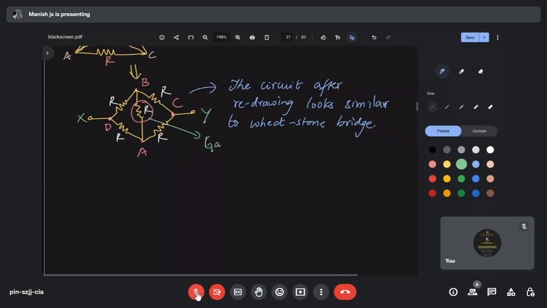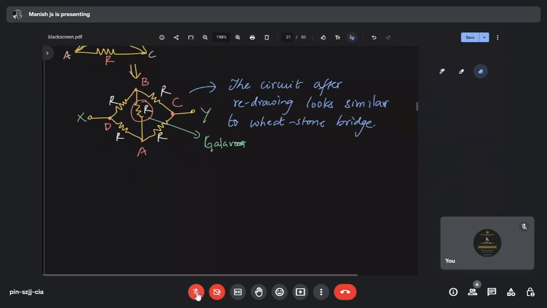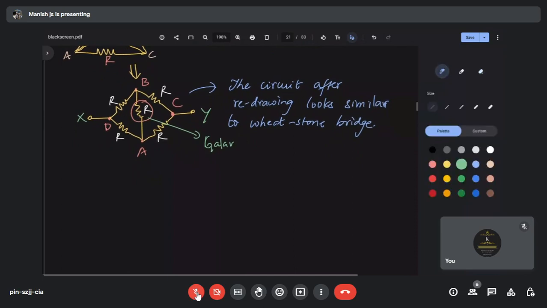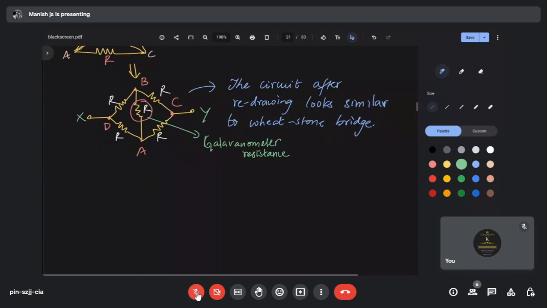This is called the galvanometer. So this looks like a galvanometer resistance.